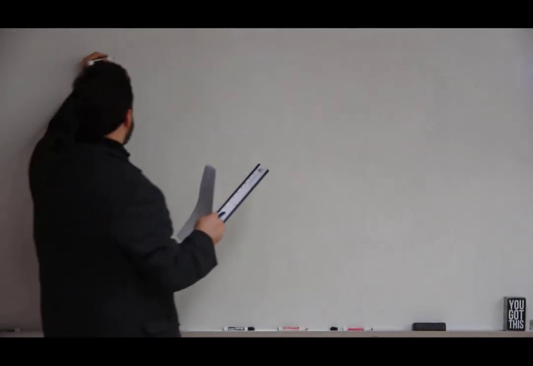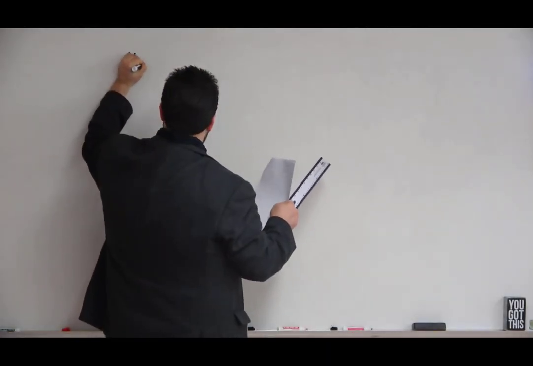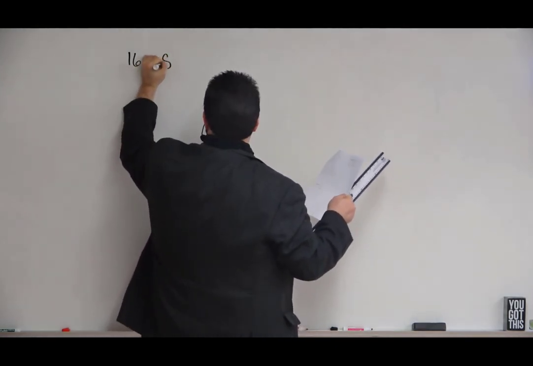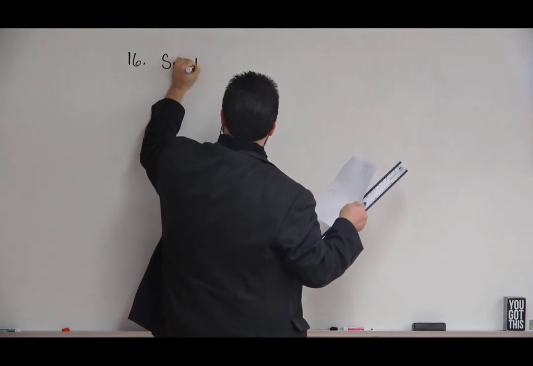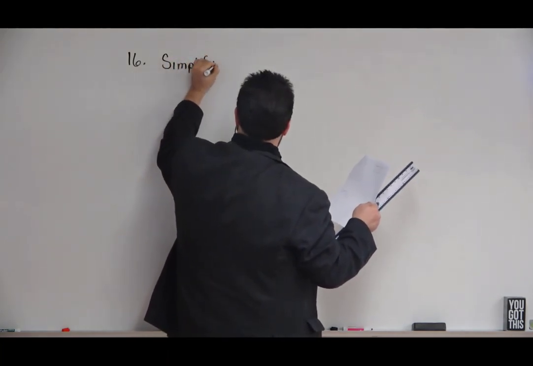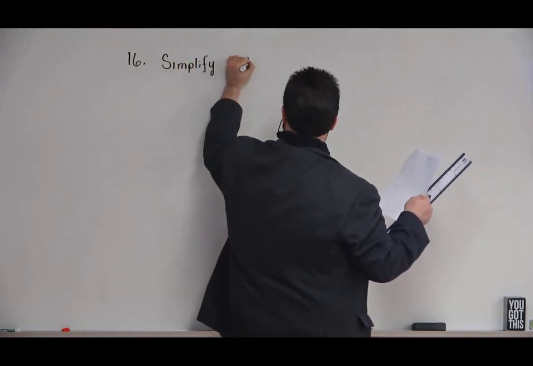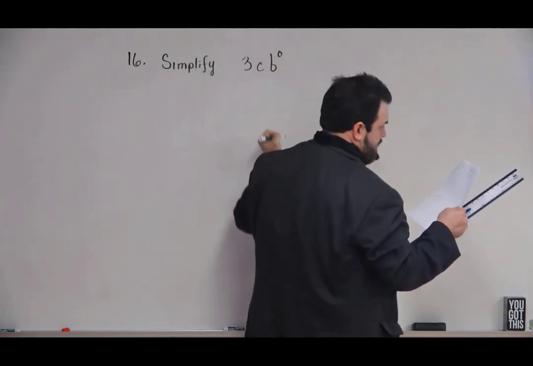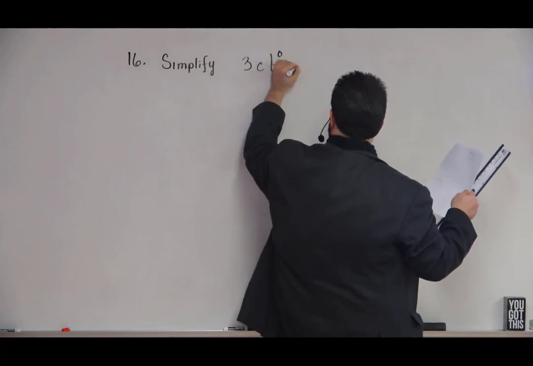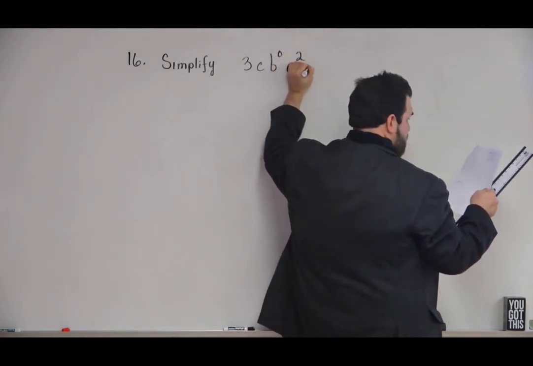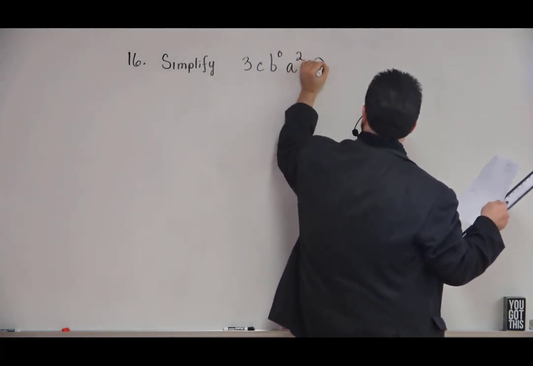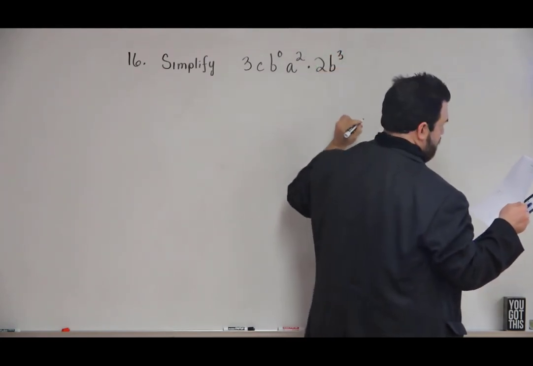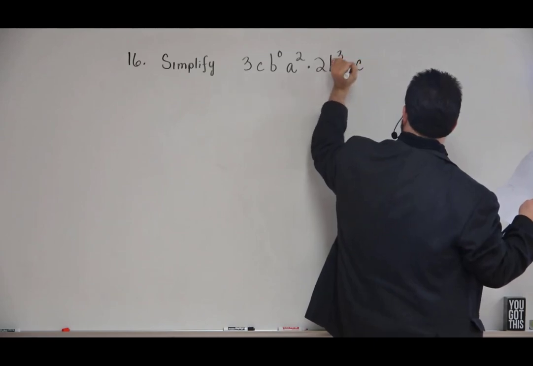Number 16. Here we go. This one looks so scary, but it really just isn't. We're asked to simplify, and then they give us 3cb, and that b has an exponent of 0, a squared. Then there's a dot here, and 2b cubed, b to the 3, and then a dot times c.